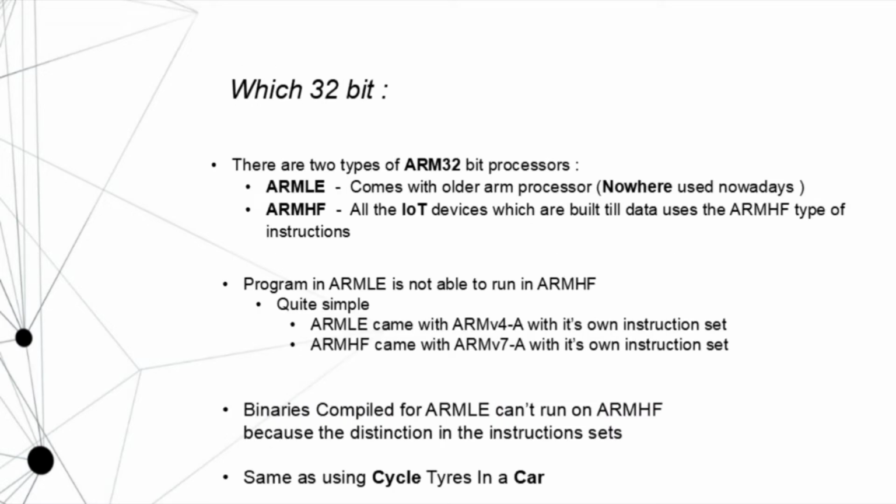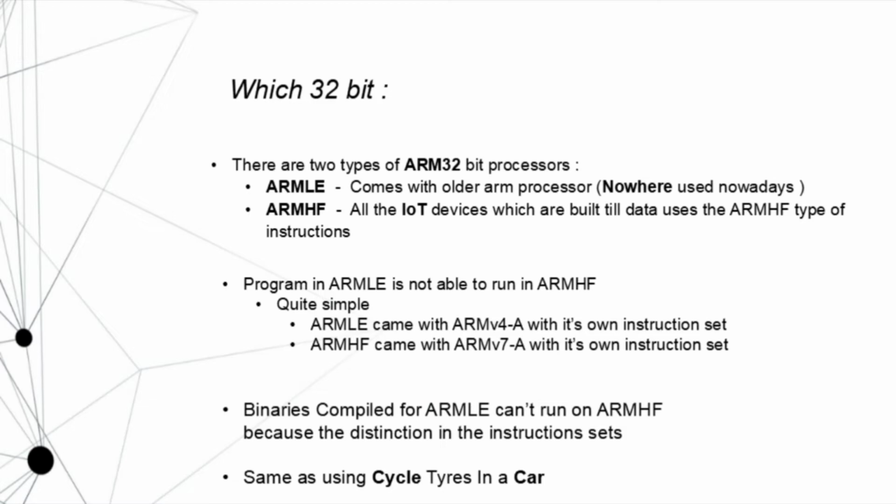In 32-bit also there are certain versions we need to take note of. There are two types of versions, the ARM legacy version and the ARM hard float version. The instruction set in the ARM legacy version is way different from the instruction set in the ARM hard float version. Learning about the ARM legacy version is of no use because it is very old.